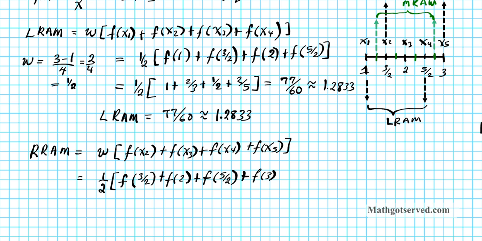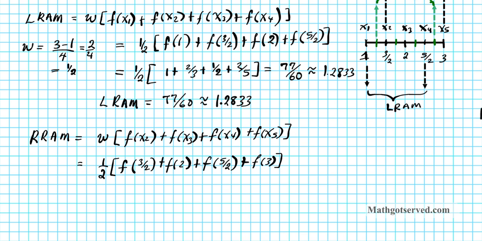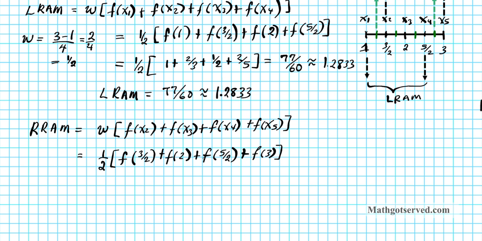All right, and we already talked about what this function does, which is it just reciprocates the inputs. So we have 1/2 times 2/3 plus 1/2 plus 2/5 plus 1/3. Now if you plug this into your calculator, you get 19 over 20, which is approximately 0.95.